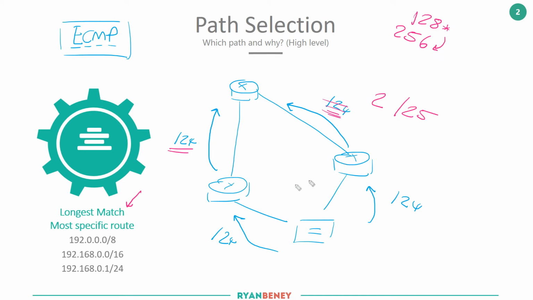Now we've got the same network being advertised out of both links, but over here we have it split up into two /25s being advertised as opposed to a singular /24.